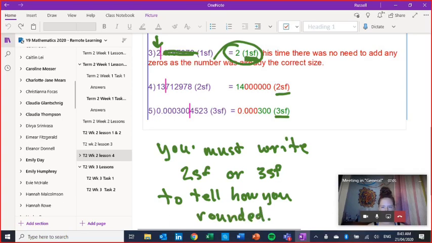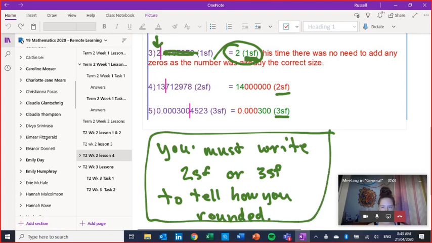So you have to explain that you've done something to it. Make sure that you explain what you've done, because otherwise you've just changed the number to something new that you're not allowed to do. So that's our lesson today, and that will complete it.